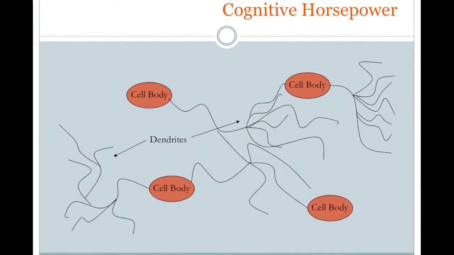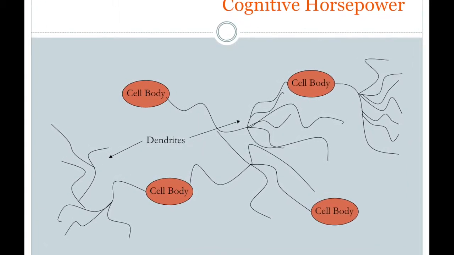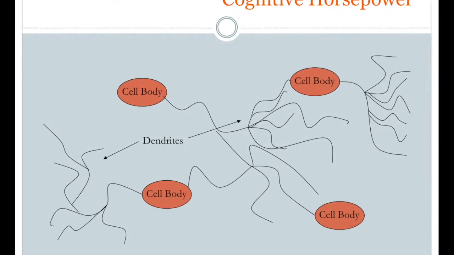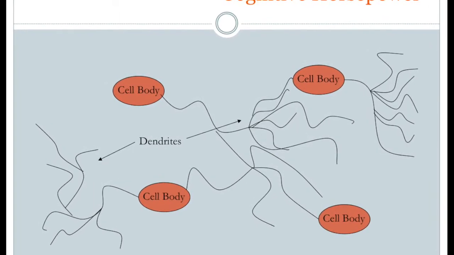Here are some facts about the brain. A typical healthy brain houses some 100 billion nerve cells, which are connected to one another via hundreds of trillions of synapses. There are approximately as many neurons in one human brain as there are stars in the Milky Way galaxy.